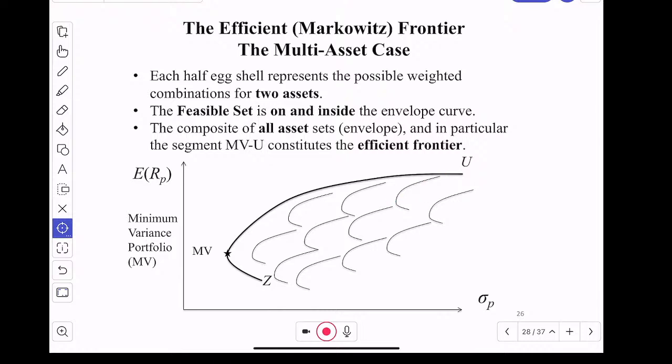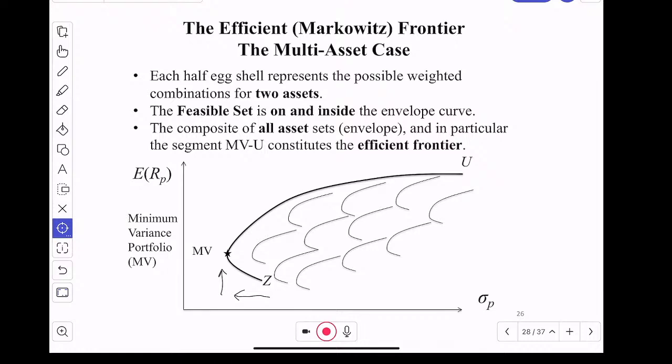This would be a good representation of what you could imagine would be the possible combinations. Then what we would do if we had to choose among all these possible options is we would look left and up, right? Because we want to reduce risk but increase returns.